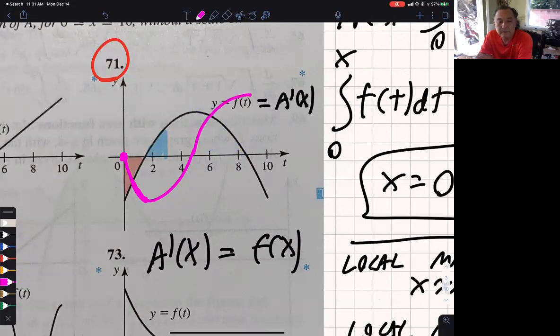And when I get to this point, I start to subtract these pieces because net area, if it's below, you subtract. So first I subtract small, then bigger, then bigger. So at first I decrease slowly, but then bigger and bigger. So that is my rough guess of the graph of the area function, which is the antiderivative.